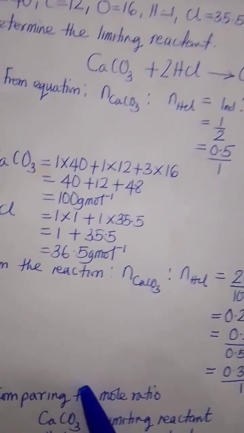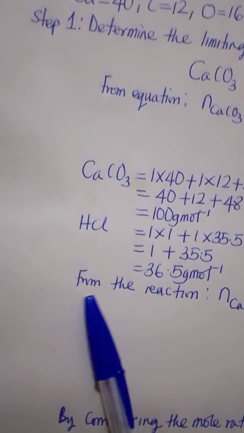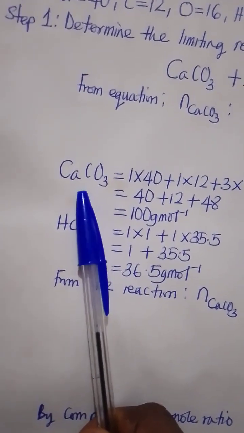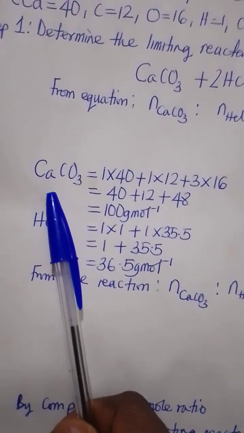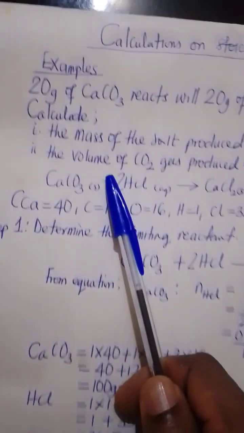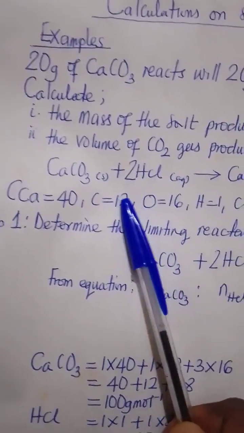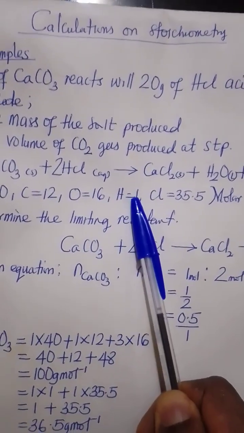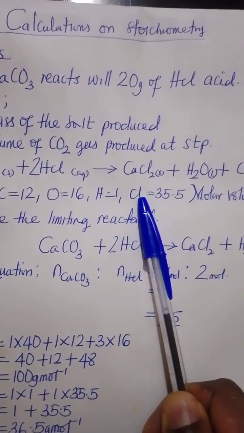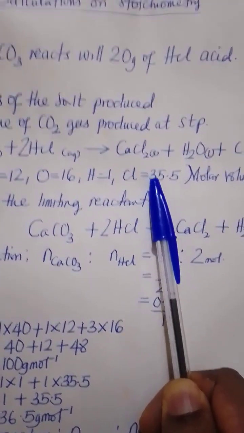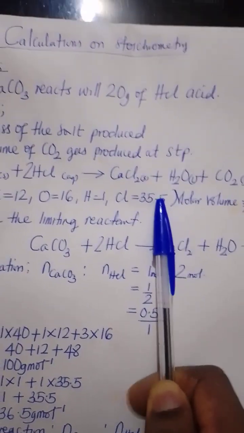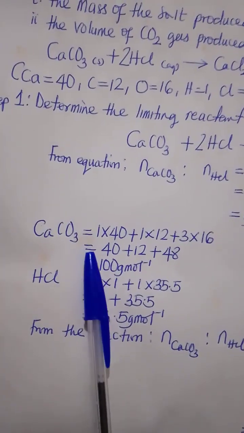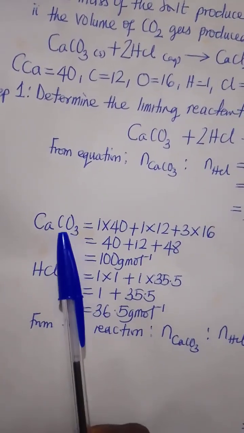We're going to use that idea here, but we need to calculate the molar mass of CaCO3. We're given atomic masses: for calcium, it is 40; for carbon, 12; for oxygen, 16; for hydrogen, 1; for chlorine, 35.5. So then we calculate the molar mass of calcium trioxocarbonate(IV).